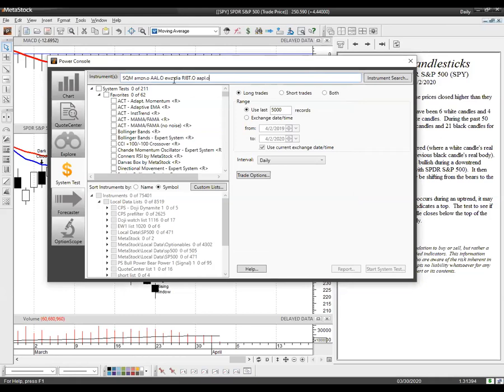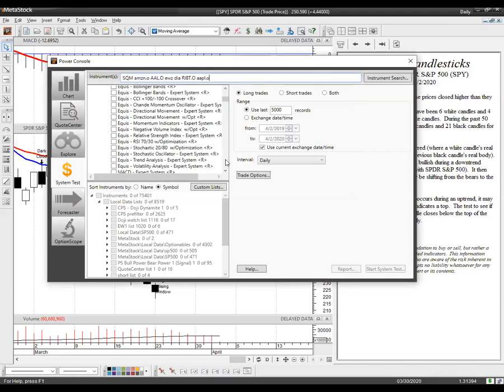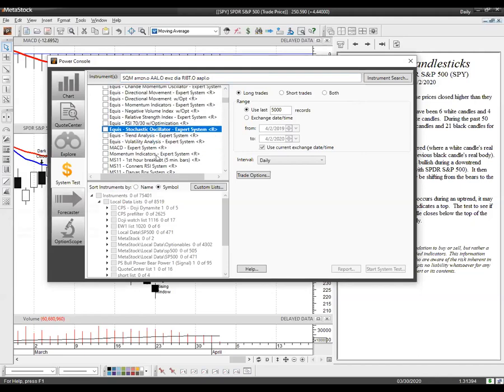Now, what I want to point out is that I've gone through the 211 systems that exist in my MetaStock program, and I've weeded that list down to 62 systems. I tried to weed out anything that requires optimization. I'm going to remove this one from favorites because I just saw it in there.